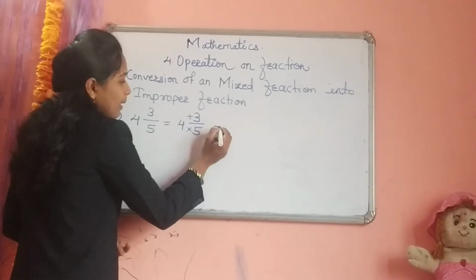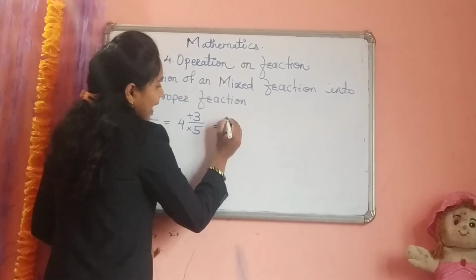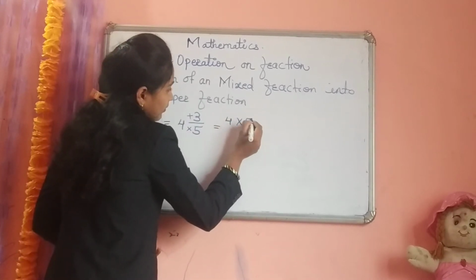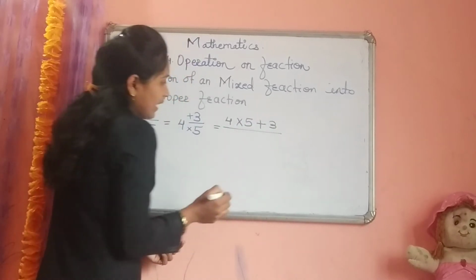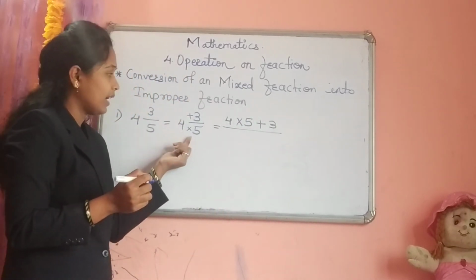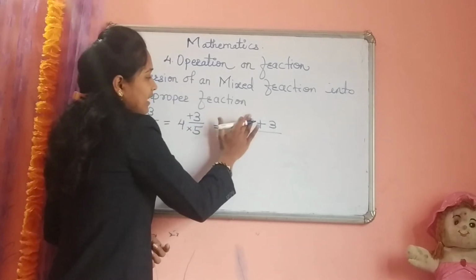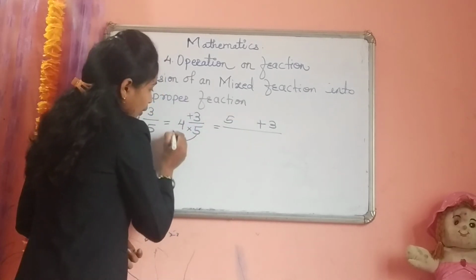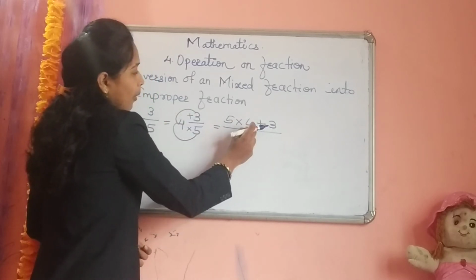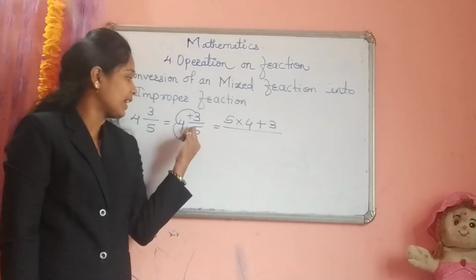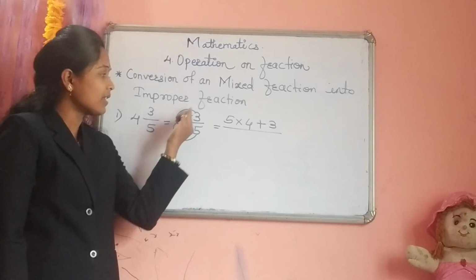So write down: 4 multiplied by 5 plus 3. If you want, you can write in this way: 5 into 4 plus 3.